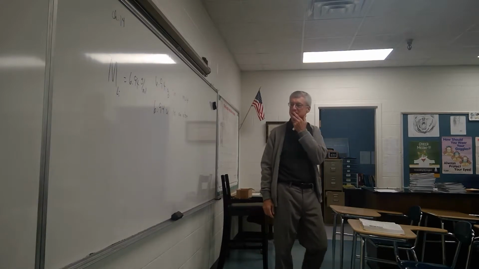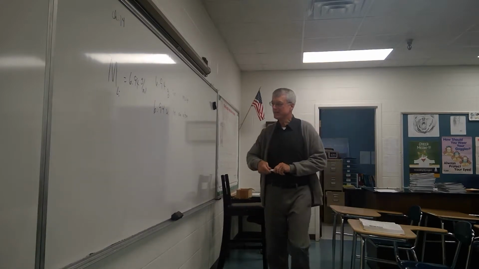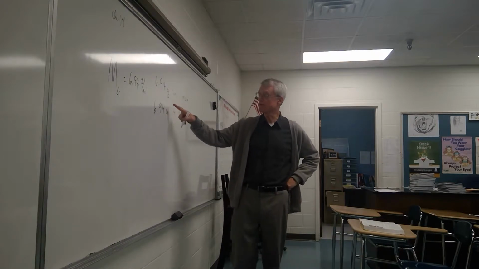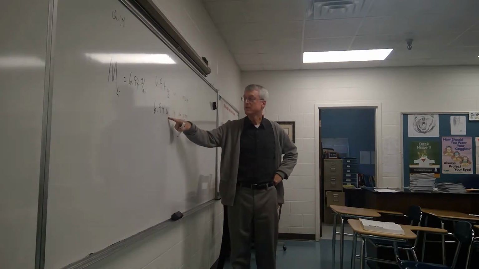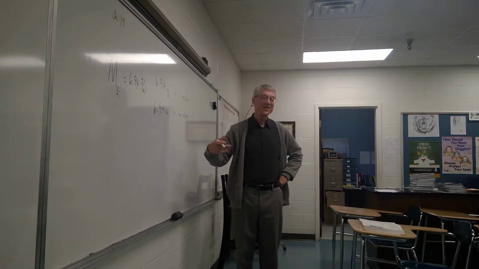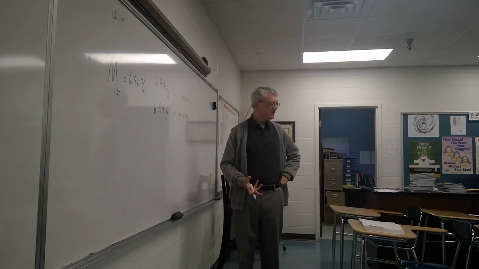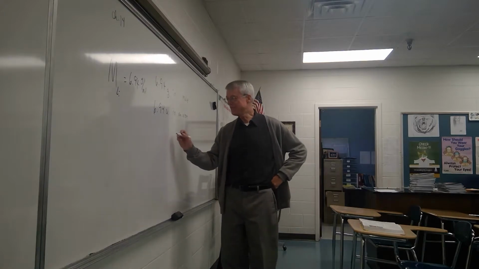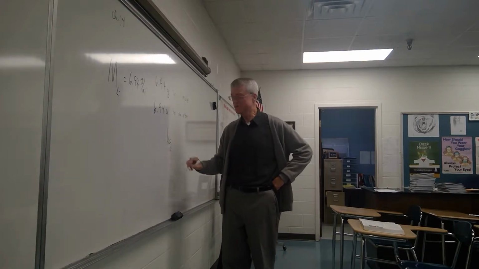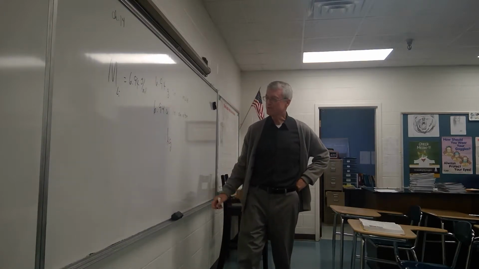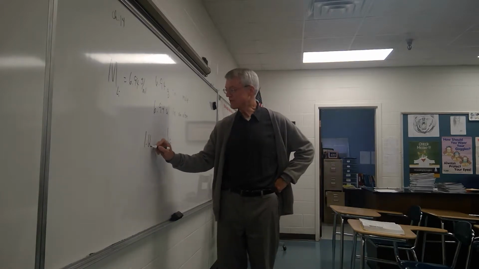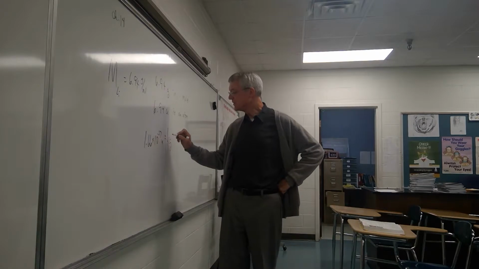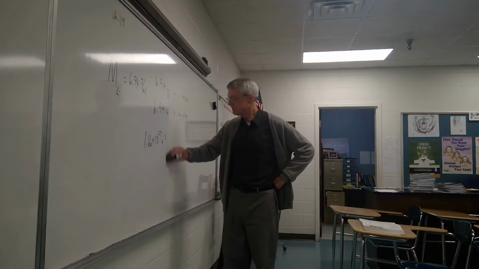These are both units for mass, grams and u's. Neither one is the SI unit for mass. What's the SI unit for mass? The kilogram. In physics, we like to use SI units. So you probably should know that 1.66 times 10 to the negative 27th u's is equal to 1 kilogram.